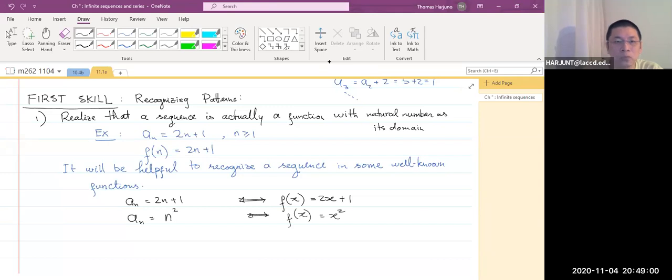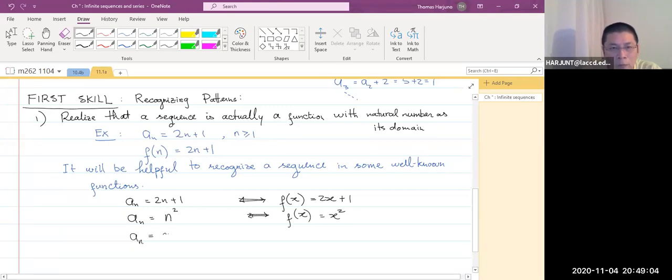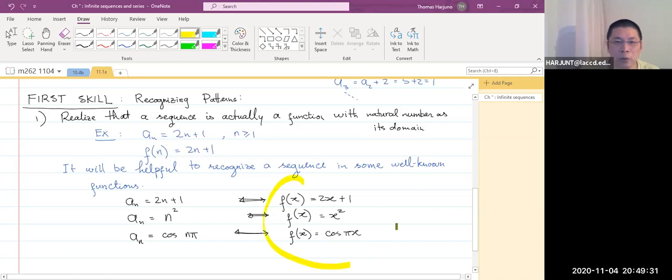How about a sub n equals cosine n pi? It has something to do with cosine pi x. Is it right? Now the difference is that on the right hand side, the domain is all real numbers.